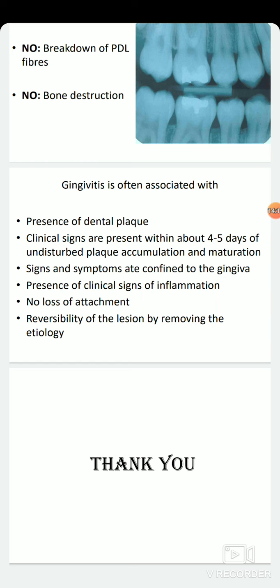Signs and symptoms are confined to the gingiva. There are clinical signs of inflammation and no loss of attachment, and gingivitis is a reversible disease, with reversibility of the lesion by removing the etiology.